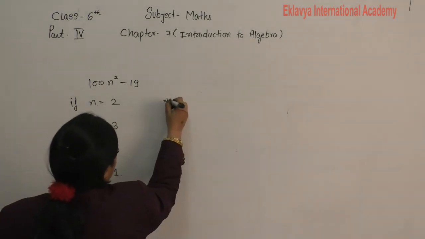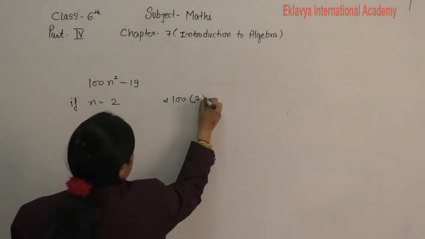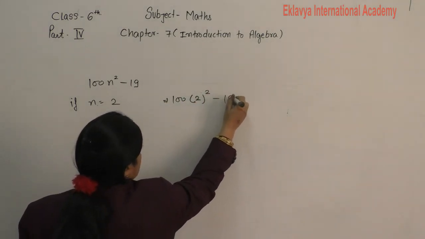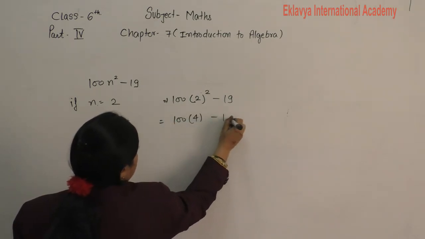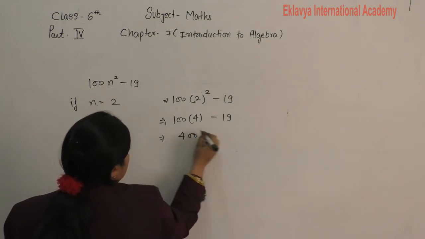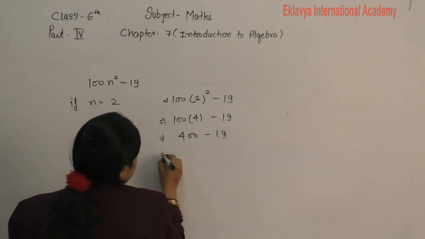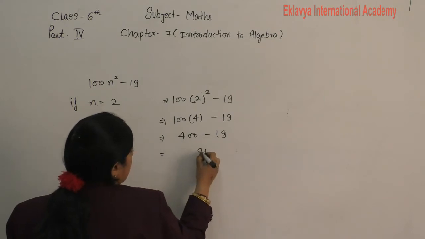We write 100 n square, n here 2, then 2 square minus 19. 100 multiplied by 4 minus 19. 400 minus 19. 10 minus 9, 1. 9 minus 1, 8.